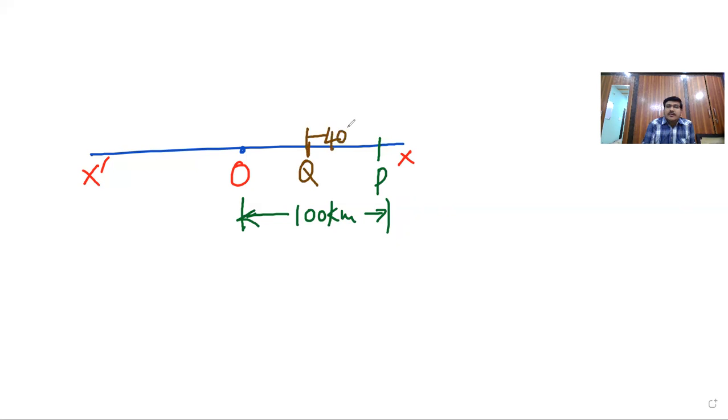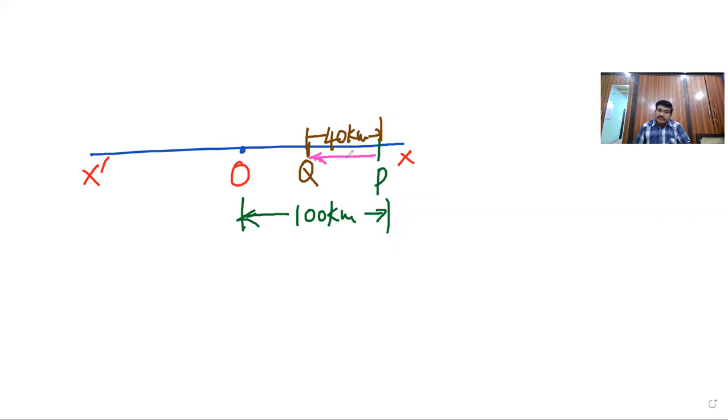The path length is 40 kilometers from P. It is coming back. Here I am showing an arrow from P, coming back to Q. The path length is 40 kilometers.